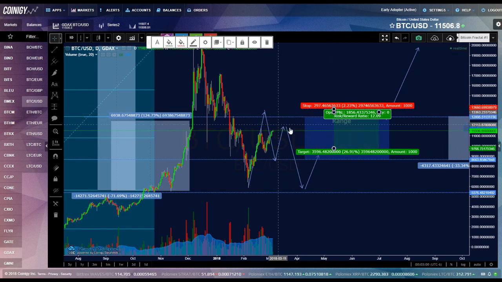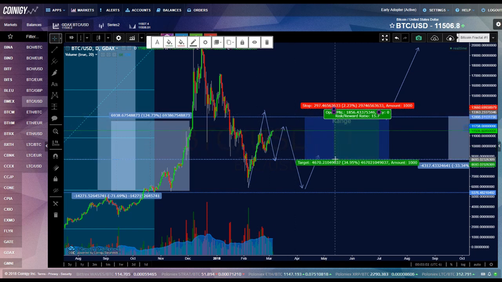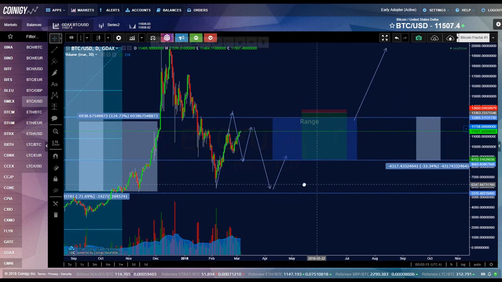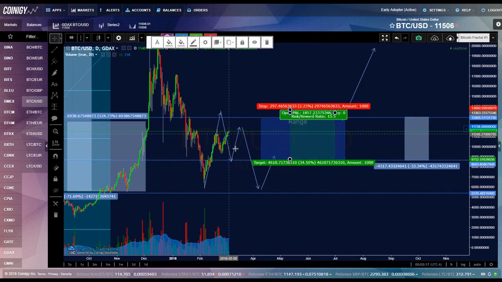I'll try and get it as high on the spike, and then ride it down to 8,500 for a potential 35% gain. Then I'll close my short and go long, try and get this spike, then go short and go down here. So I'll see if those trades work. That'd be pretty cool if it does.